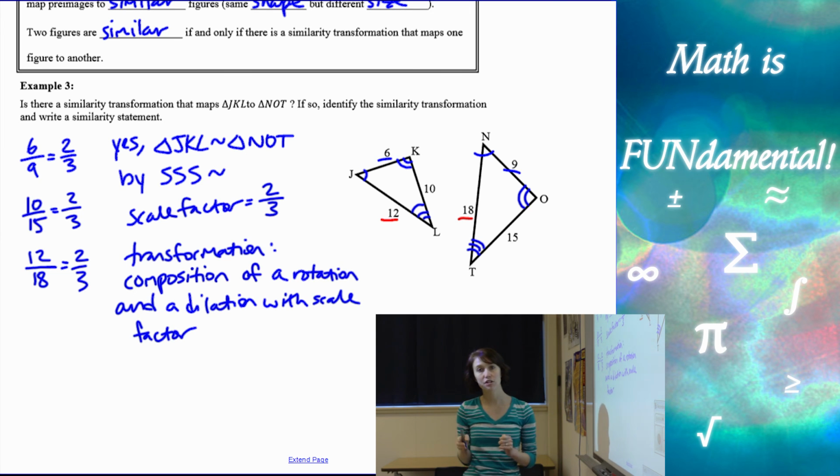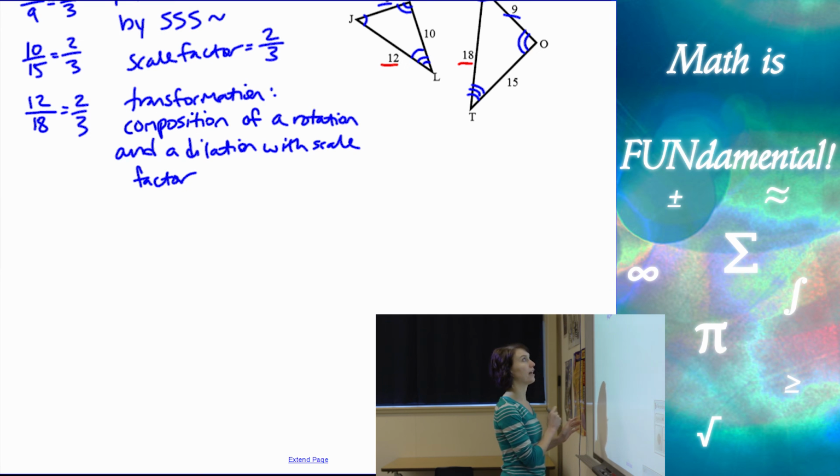Now here's the trick. It only has a scale factor of 2/3 if it got smaller. If it got bigger, it has a scale factor of 3/2. So we have to really talk about which one we are starting with, so we have to state that. Let's see.